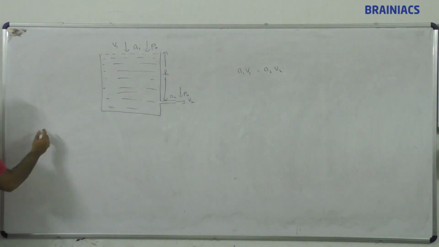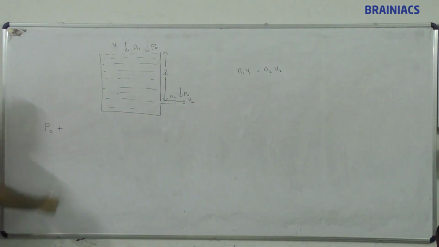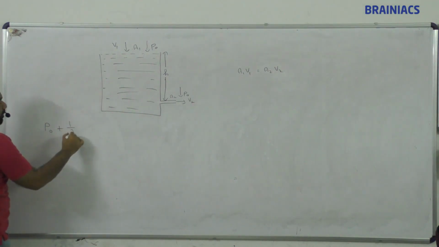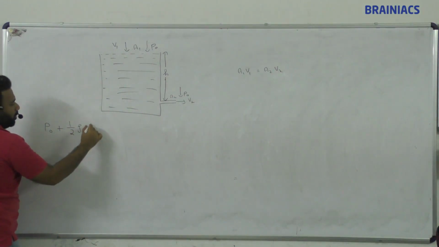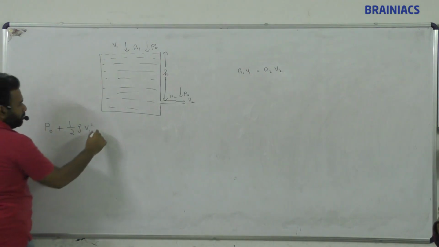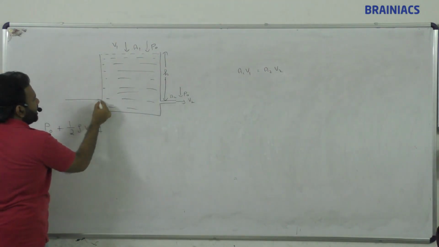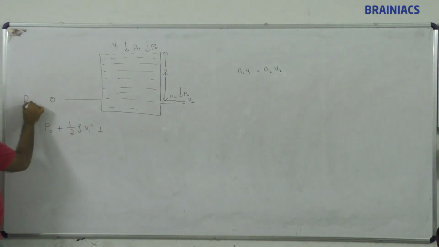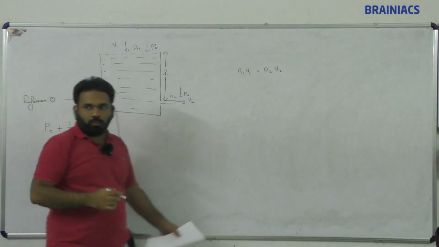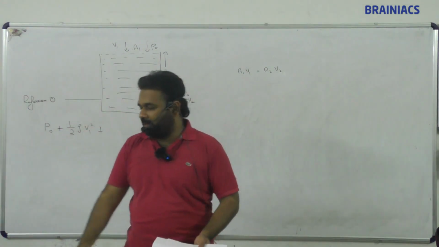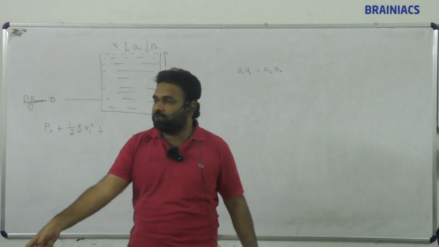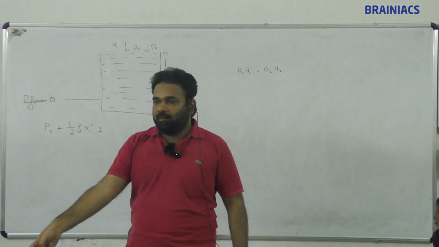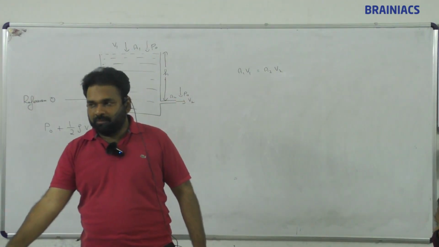So if we apply Bernoulli's theorem, this is going to be P naught plus half rho V1 square plus, suppose this height we consider as 0, the reference point. That is how potential energy can be learned, right? If I keep this pen here, what is its potential energy? 0.